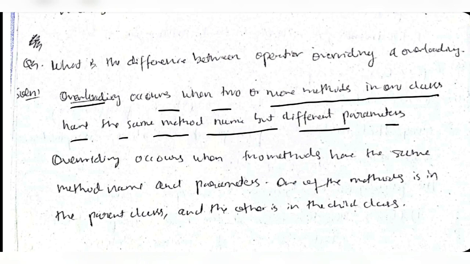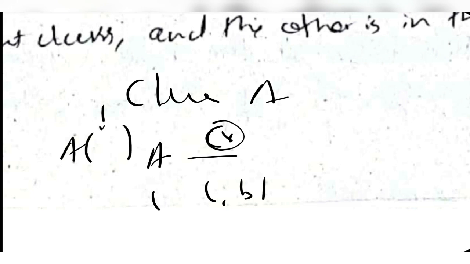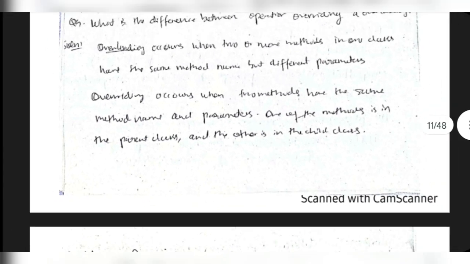That is overloading. For example, if there is a class area here, it has the area defined as s into s, as well as the area defined as l comma b. In both cases, if the function calls area, it depends on how many parameters are passed. If one parameter, this will be executed, else this will be executed. This is known as overloading.